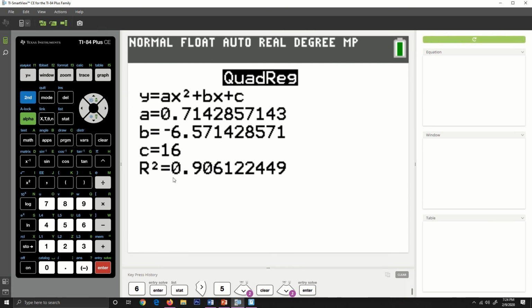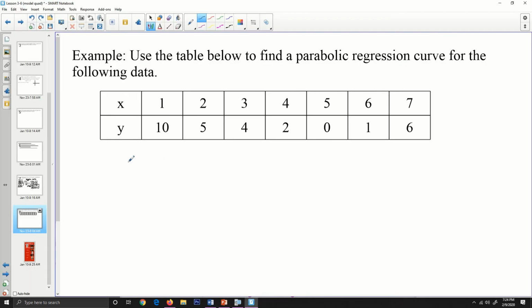Again, this isn't going to be perfect, but my A value is going to be 0.714, my B value negative 6.574, and my C value equal to 16. So let's write that as a final equation.